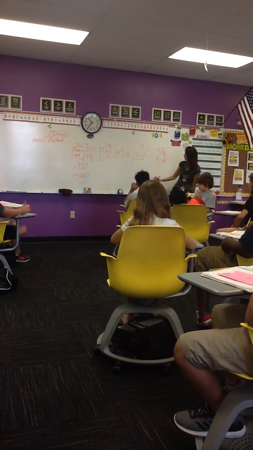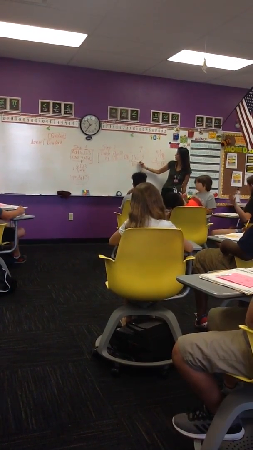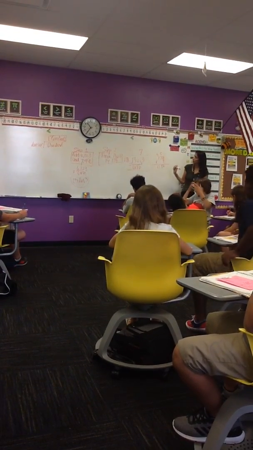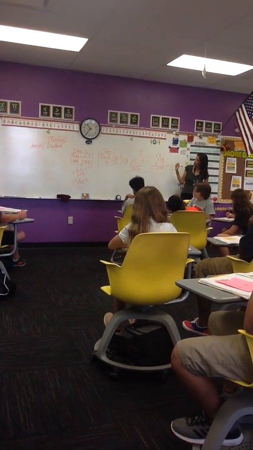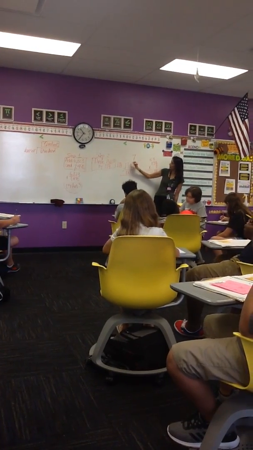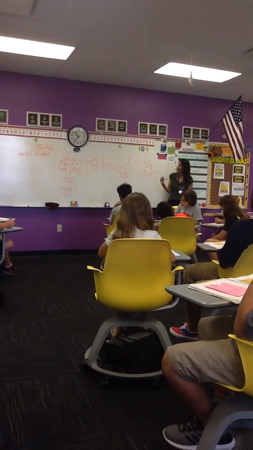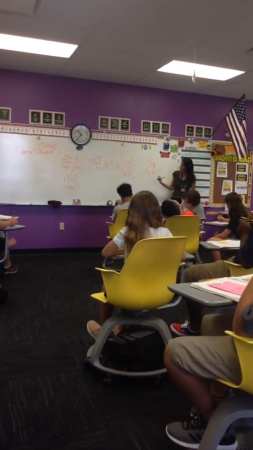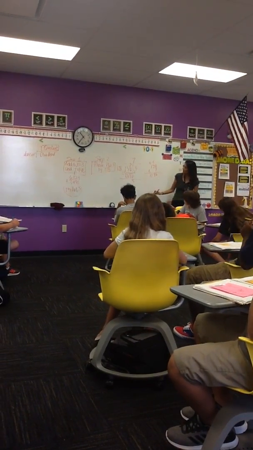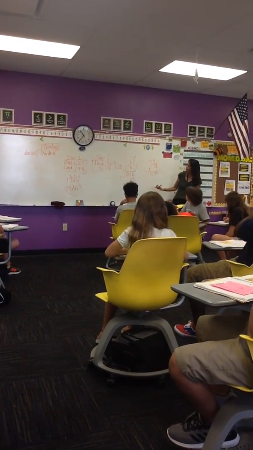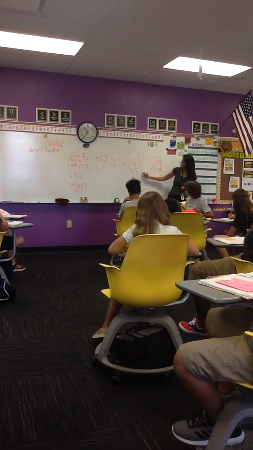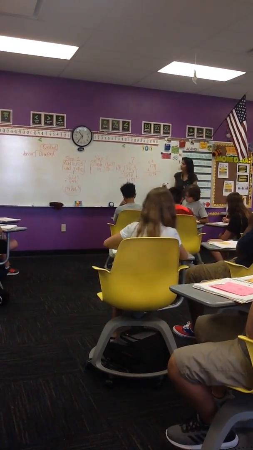I think that one is going to work. Can't take 6 from 1, so we borrow. The 6 becomes a 5, and the 1 becomes 11. So 11 minus 6, 5 minus 4, 3 minus 2, and last but not least, let's bring down this 3.